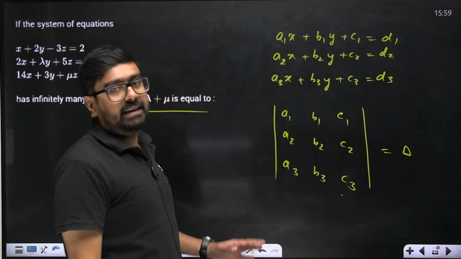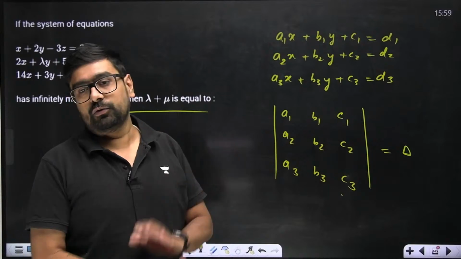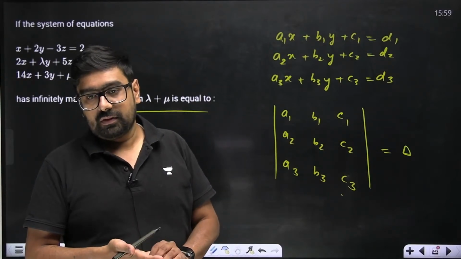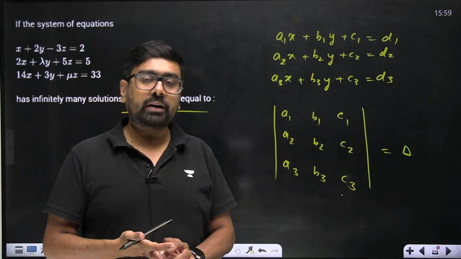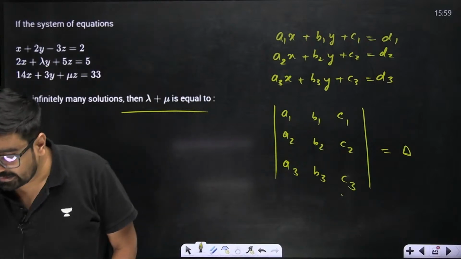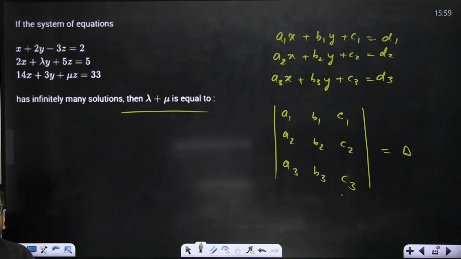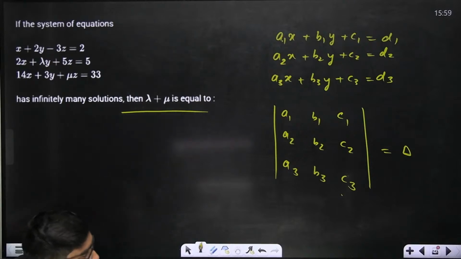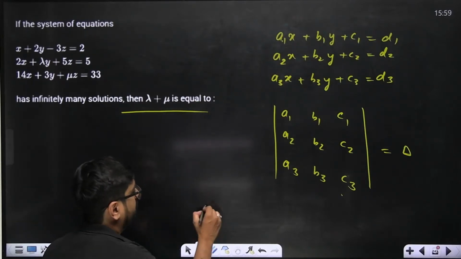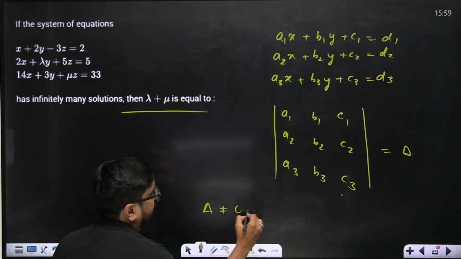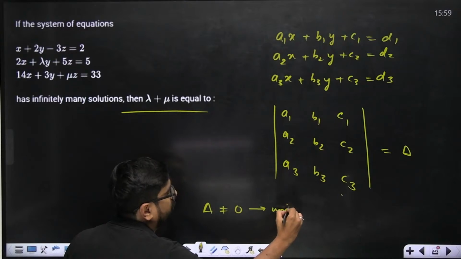Now if delta is not equal to 0, in that case you will always get a unique solution.